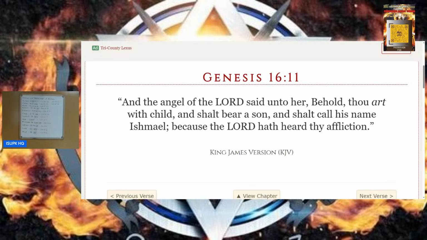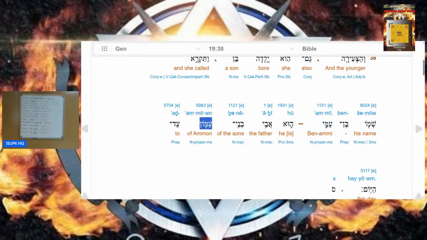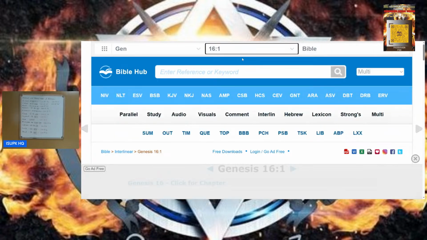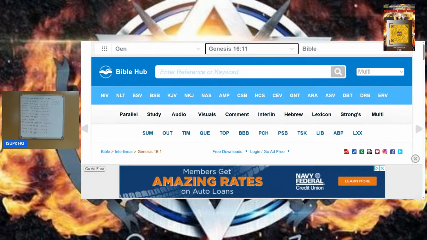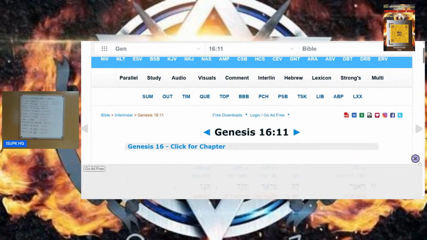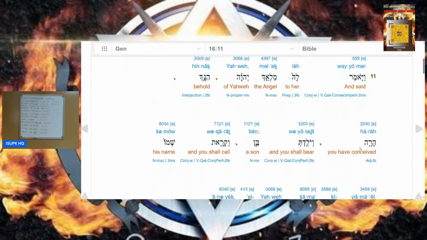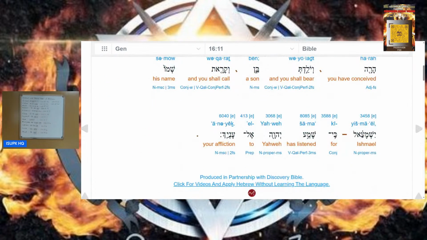Okay, so let's go into the interlinear here to Genesis 16, verse 11. And you'll see Ishmael. Highlighted it there. So it says Ya, Sha, Ma, I, Ah, and La.